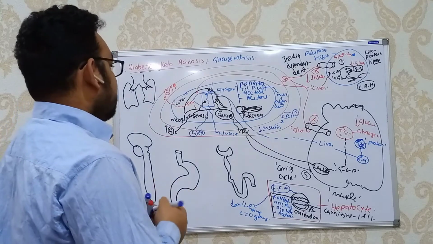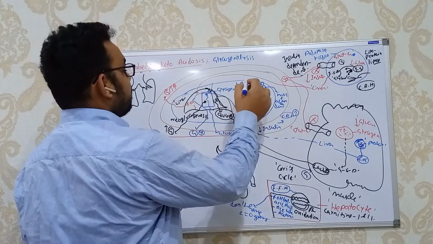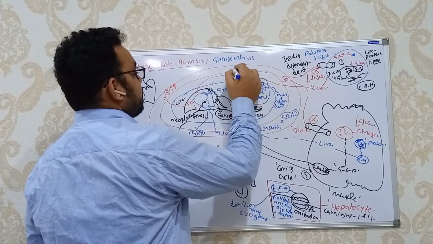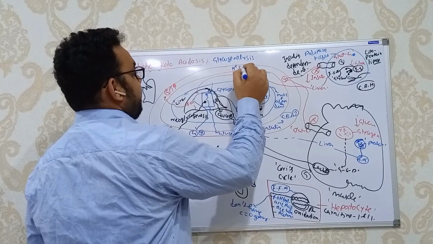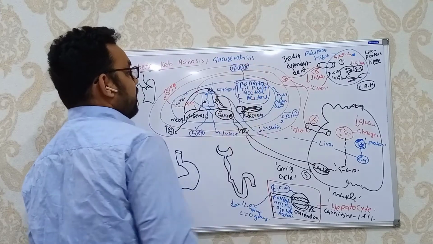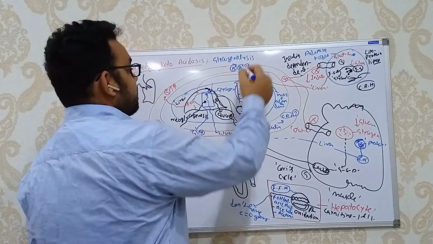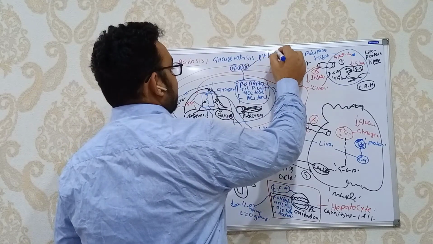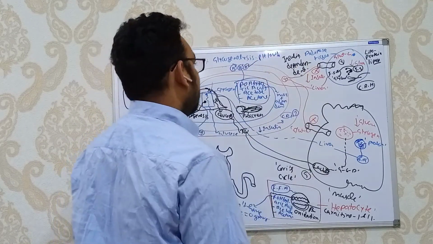Now after coming into the blood, they will release more protons because they are acids. Whenever these protons come here, the pH will dramatically go down, which will be low.